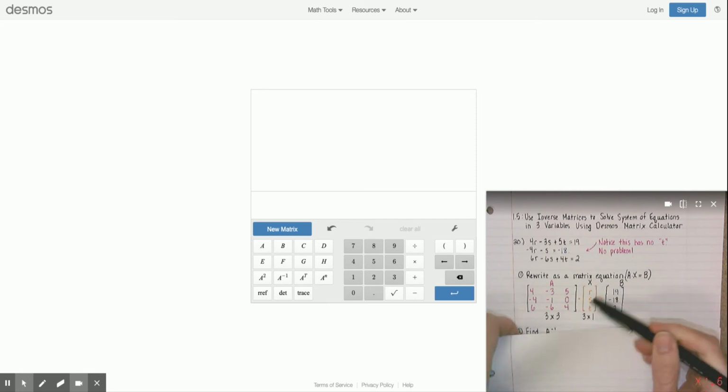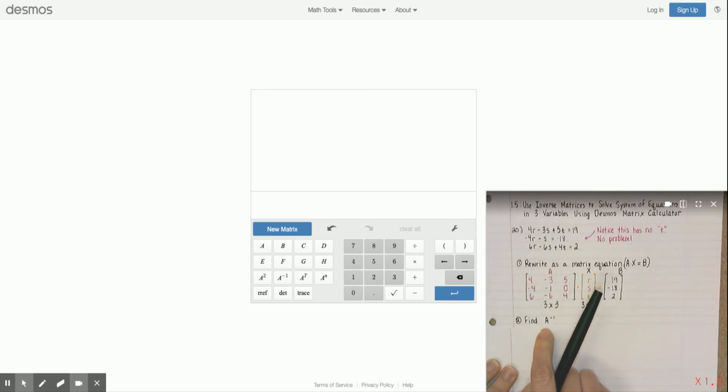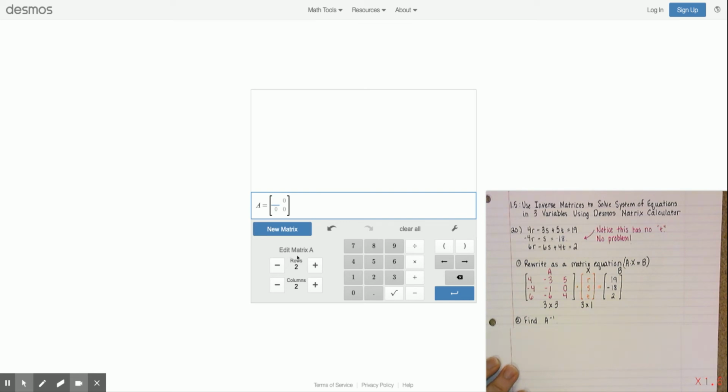Okay, now that you have this set up, you're ready to start using Desmos. So first, you'll need to find the inverse of A. We'll create a new matrix. And then we'll need to edit our matrix A to have 3 rows and 3 columns. And then enter in each term using tab to go over to the next place.